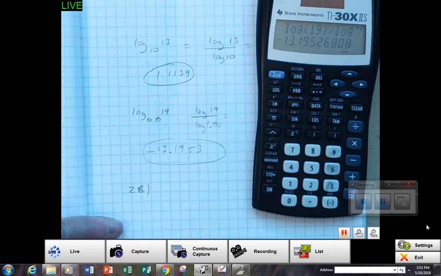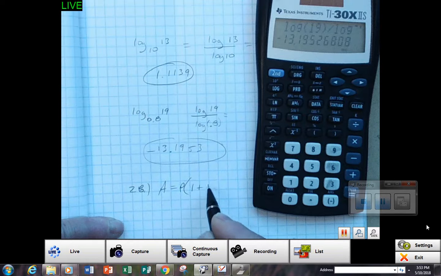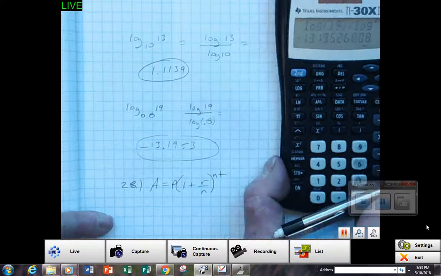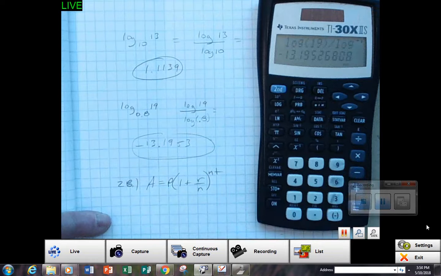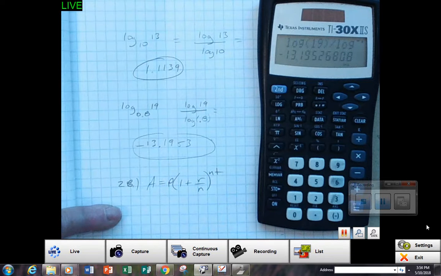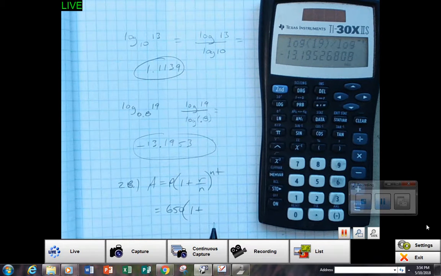I have the formula A equals P times 1 plus R over N to the NT. So I'm going to type that in exactly, where P is my principal. So I put 650 right here times 1 plus R, my rate.